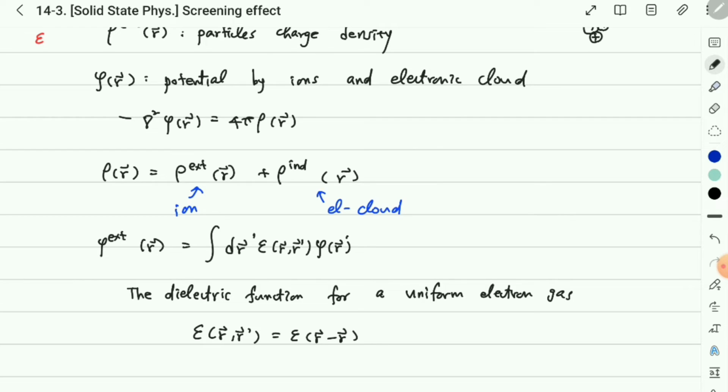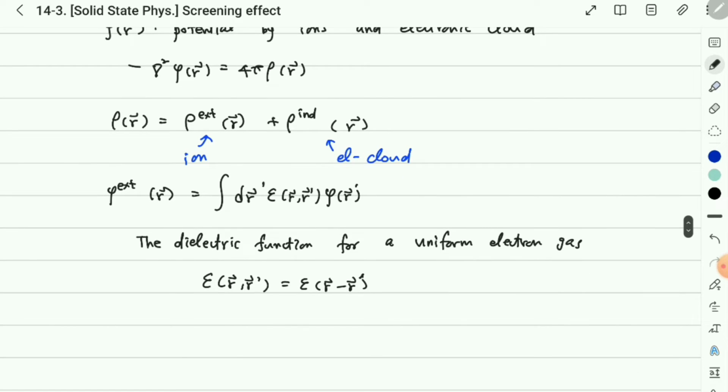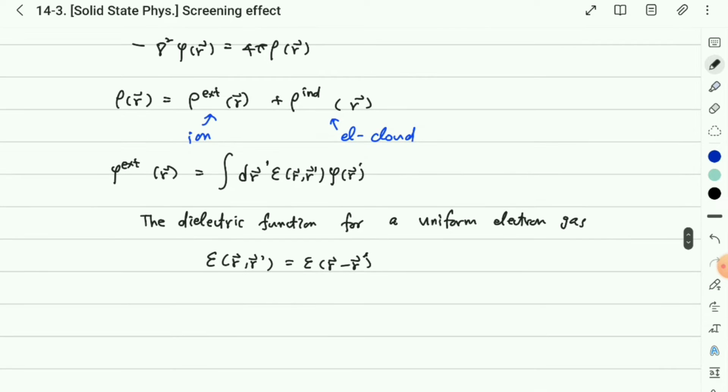It only depends on the relative coordinate of the ions and electrons, and therefore the external ionic potential can be obtained by the integral dr prime epsilon of r minus r prime times phi of r prime.